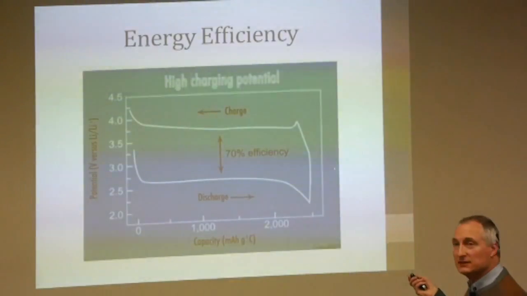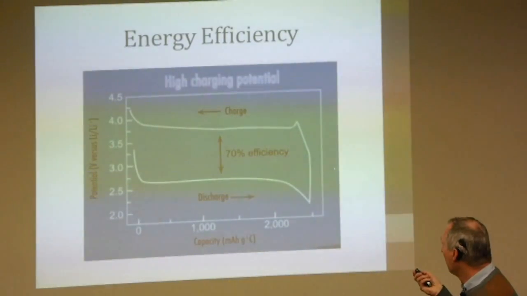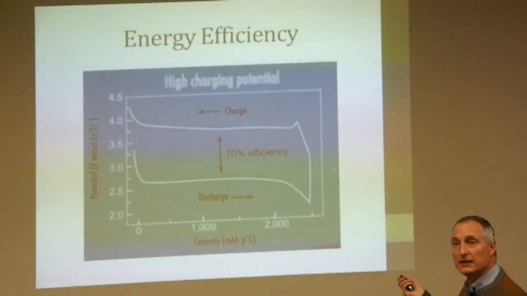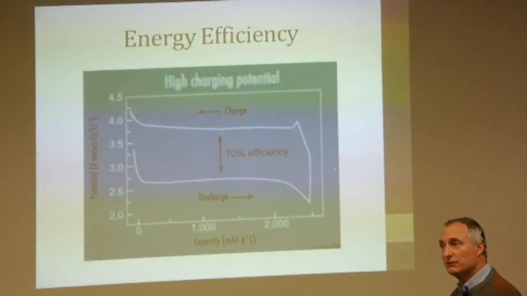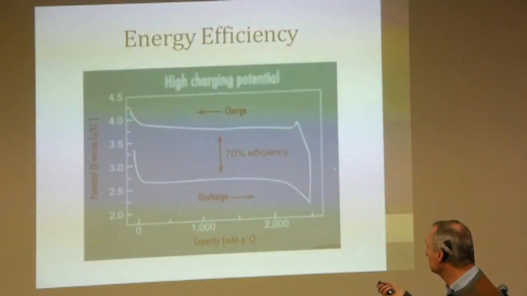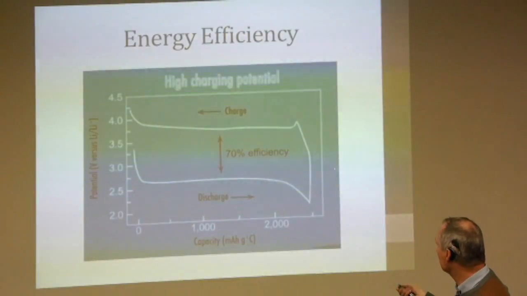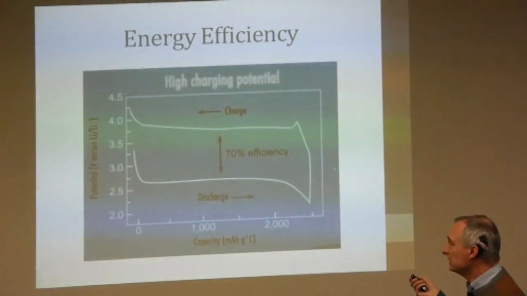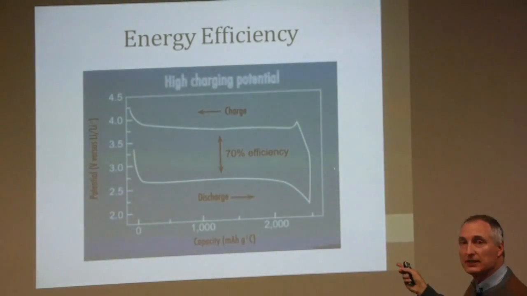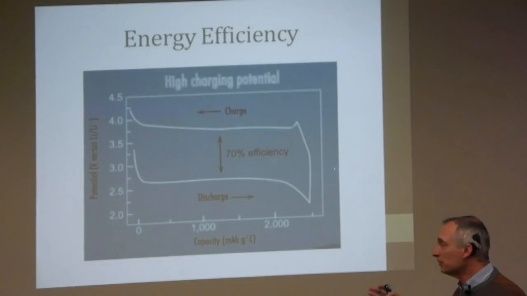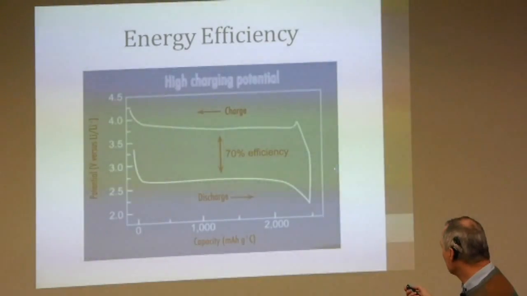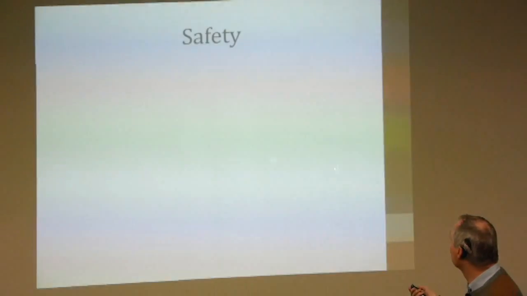Now, where does this energy move? Most of it is turned into heat. It heats up your battery. If you charge a battery, you feel it is warmer, and that's that 30% there. Now, you have to consider that, because if batteries heat up, and I will talk about that later, it has an effect on their lifetime. They may not like it as much.